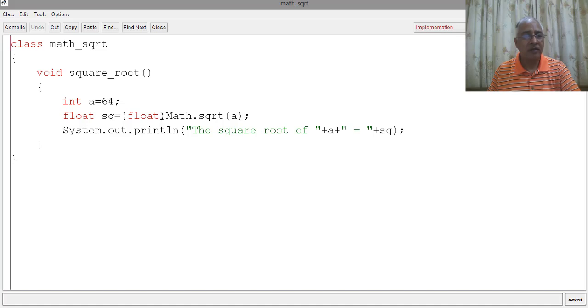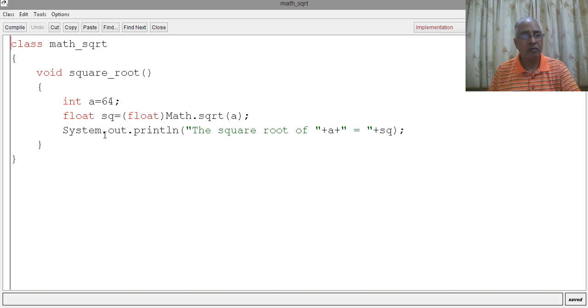We have given float as an explicit type conversion over here. In my previous lecture I had explained the type conversion, so I have taken float as the explicit type conversion. So math.sqrt will take out the square root of 64 and store it in sq, which is a float type variable. Since the type of the variable is changed, we are using float over here.